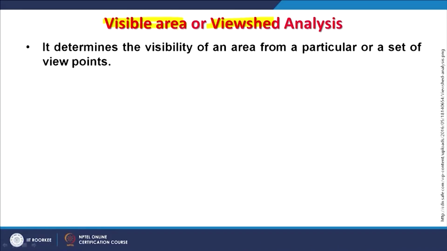Basically, in this analysis we determine the visibility of an area from a particular point or a set of viewpoints. For example, if somebody is about to construct a hotel in Mussoorie, and he would like to assess how much of the Dehradun valley would be visible from the top floor of his hotel, though the hotel has not yet come up.